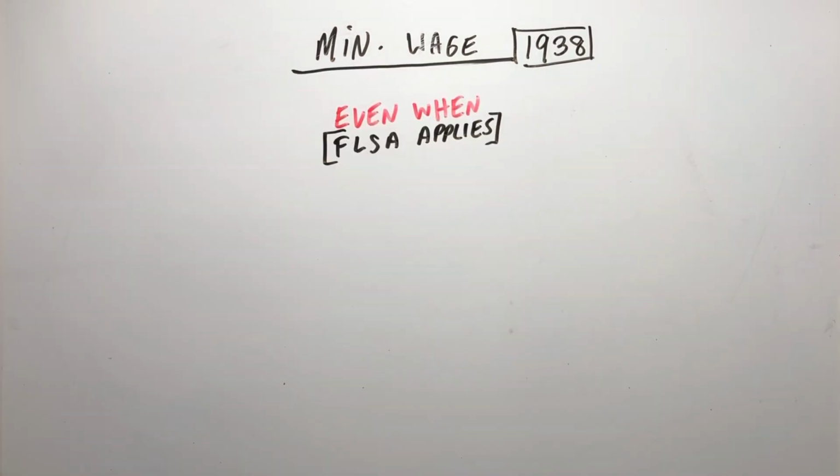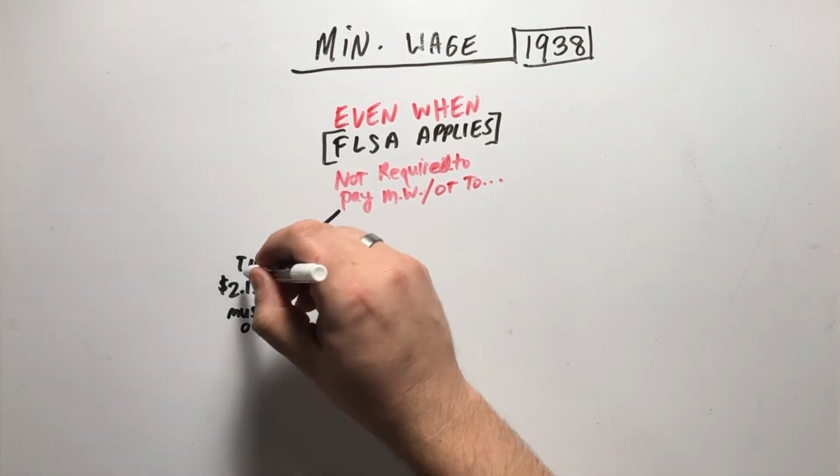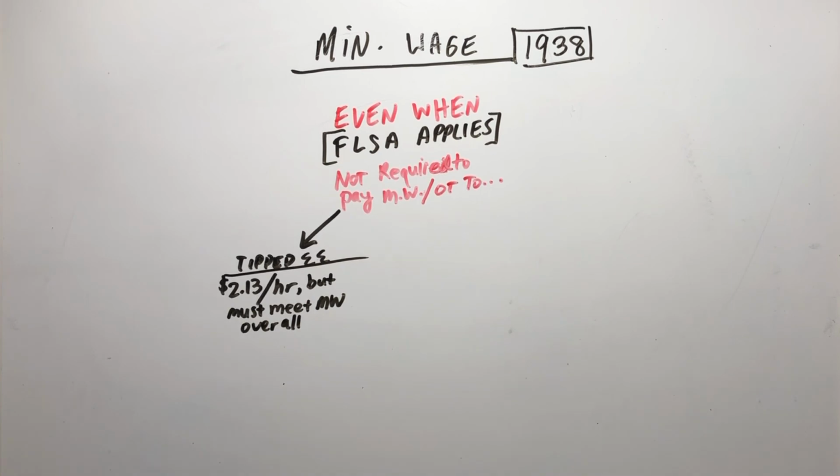Now, even when FLSA applies, companies are not required to pay minimum wage or sometimes overtime to a few groups of people. If you have tipped employees, they are allowed to be paid $2.13 per hour, but they must meet the minimum wage requirements overall.